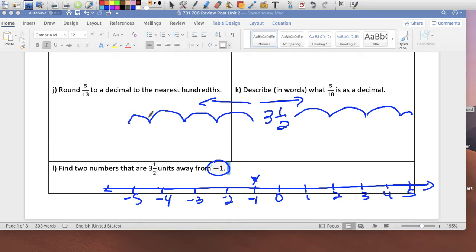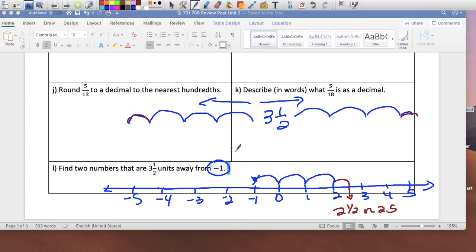So I'm going to change colors for that. A little red here, a little red here. So from here we're going to go 1, 2, 3, and a half. Go here. What's that number here? 2.5.